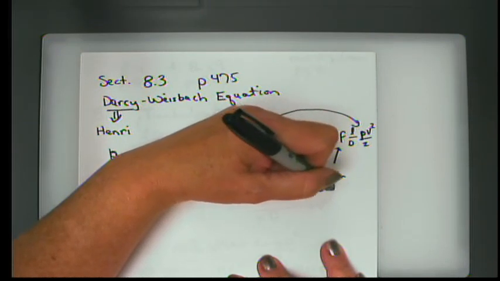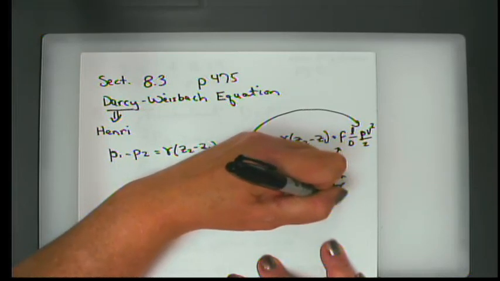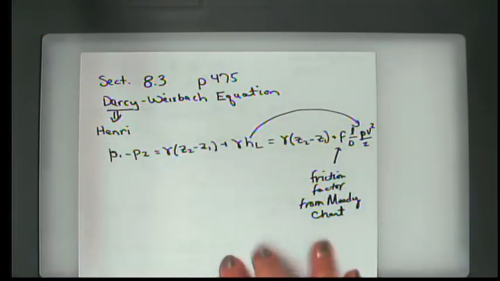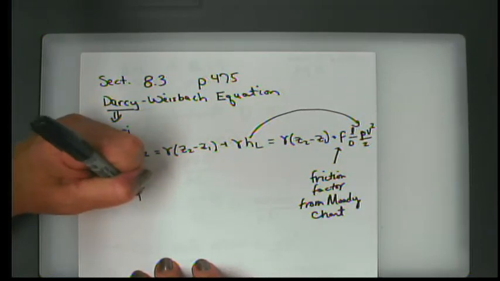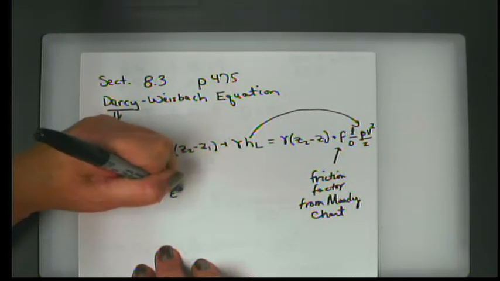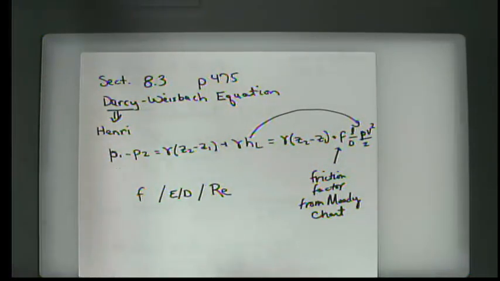Now, a friction factor is something that you can pick off of a device called a Moody chart. And we're going to discuss the Moody chart in the next vodcast pretty carefully, because friction factor has different correlations with pipe roughness and also with the Reynolds number, and depends on what type of flow we have. So we'll talk about that in just a few minutes.